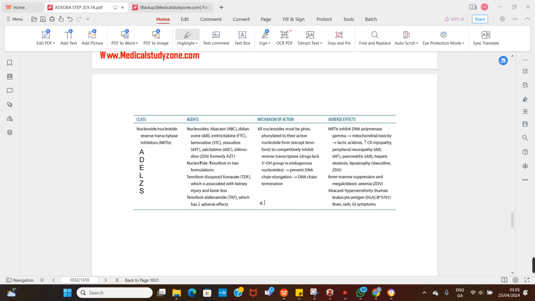Then we have the two last drugs. If we look at the acronym, we have ZS, right? ZS, zidovudine, stavudine. They have a common thing. And what is the common thing? They both disrupt fat activity. So they can cause distribution of fat to the liver, causing hepatic steatosis.